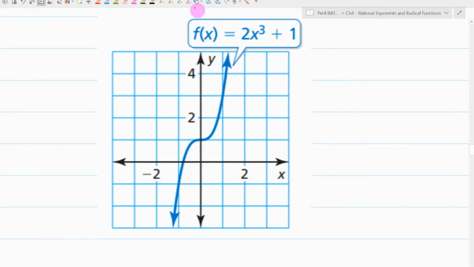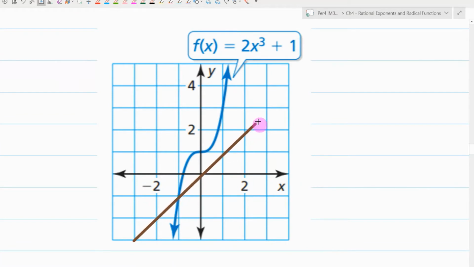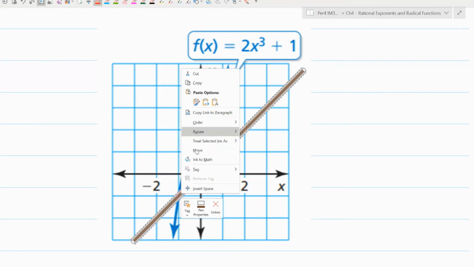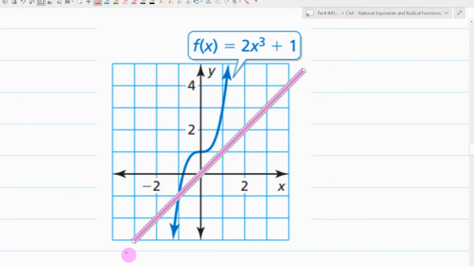If you were to draw a line, let me change this color up. Maybe not make it so thick. Extend that out a little bit.